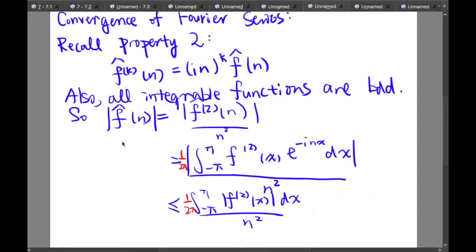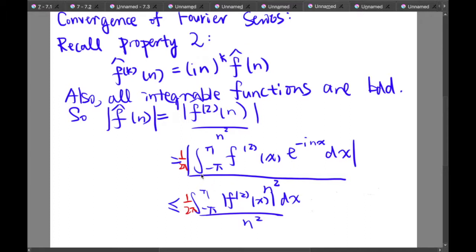So we get that the absolute value of f hat n should be equal to the absolute value of the hat of the second derivative of f at n over n squared. According to the definition, this is equal to 1 over 2 pi times the absolute value of the integral from negative pi to pi of the second derivative of f times e to the negative inx.